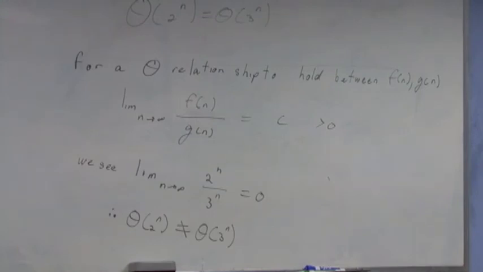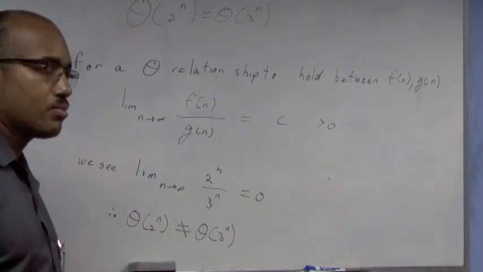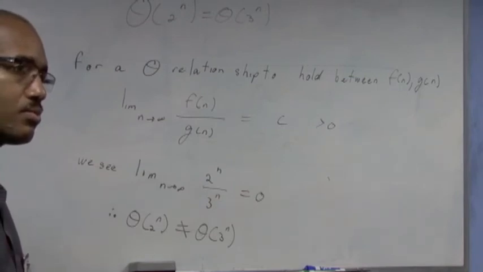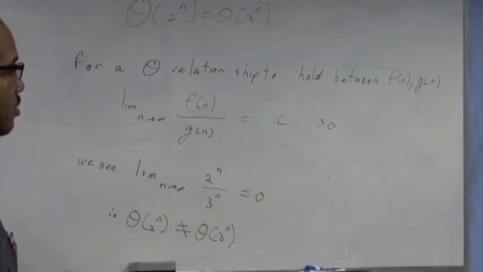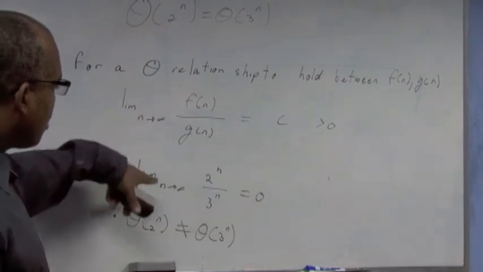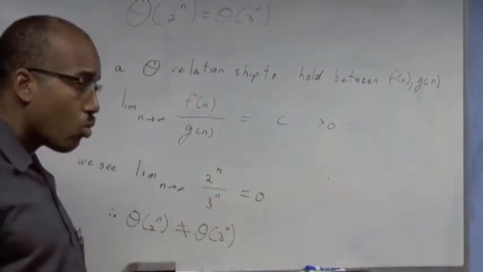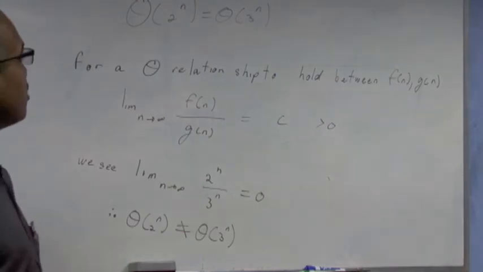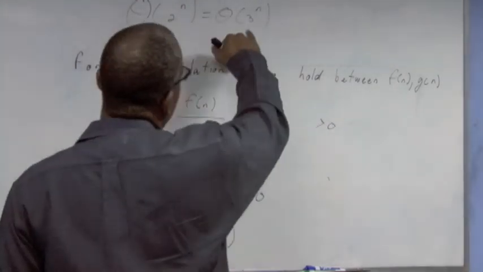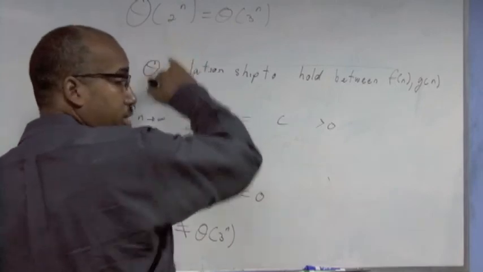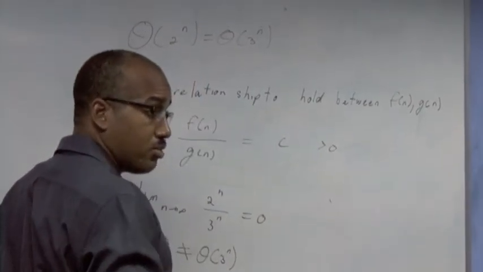So therefore, they don't have a theta relationship. If it were 3 to the n over 2 to the n, then it would have been okay for a theta relationship. Alright. The limit approaches 0, so therefore 2 to the n is actually in big O of 3 to the n. Now, the limit of 3 to the n upon 2 to the n, as n approaches infinity, would be infinity.